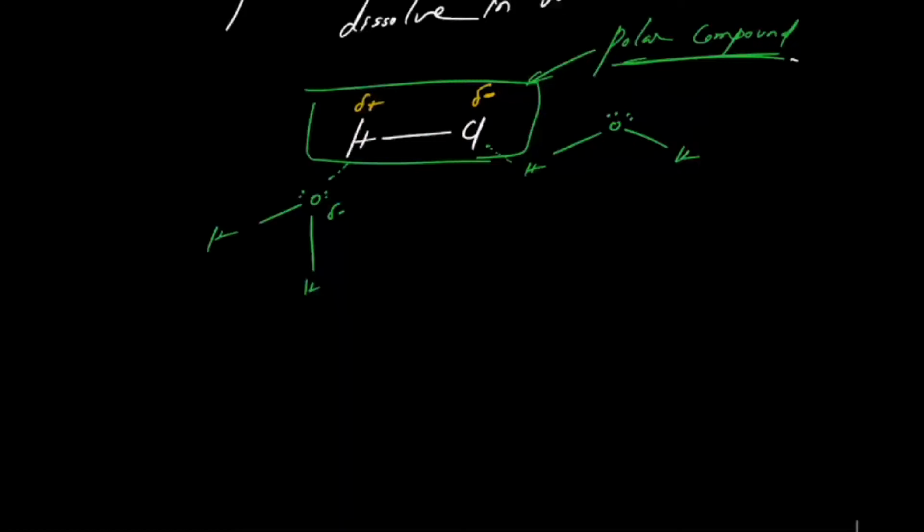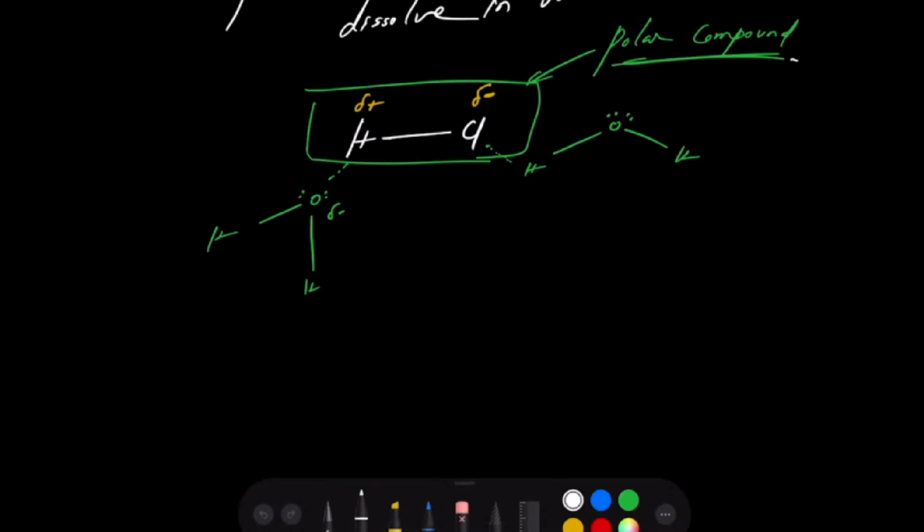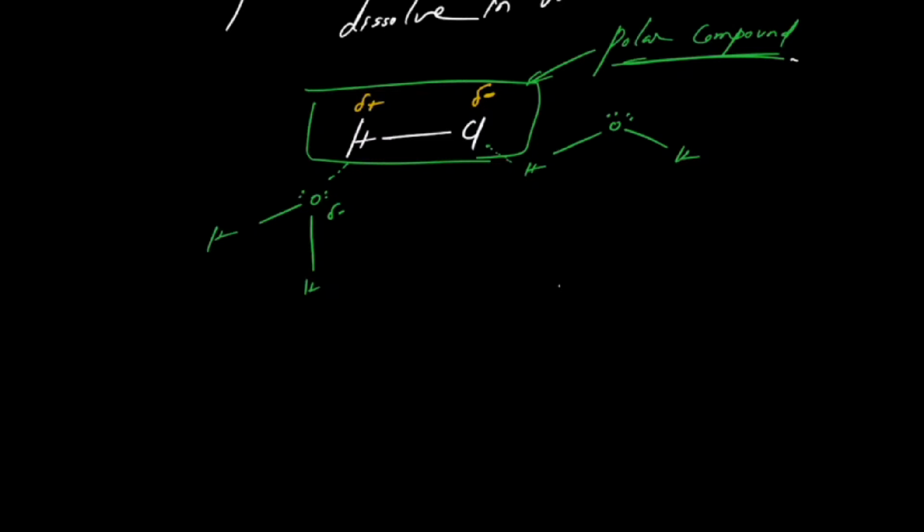And there is one more reason for certain compounds dissolving in water. For example, glucose dissolves in water. If you look at the structure of glucose, it is something like this, or I can say any monosaccharide with 6 carbons.